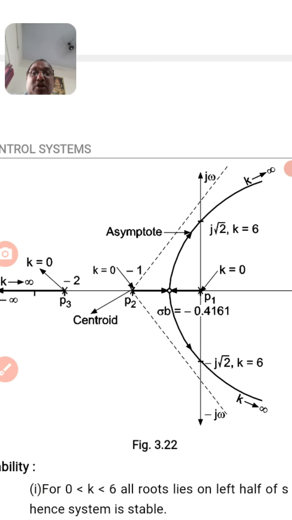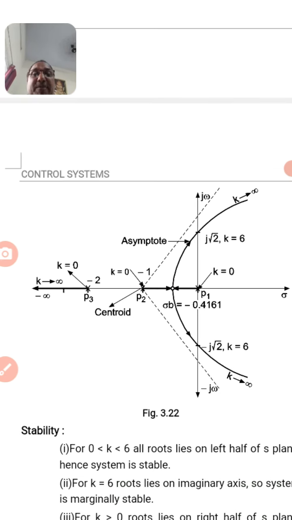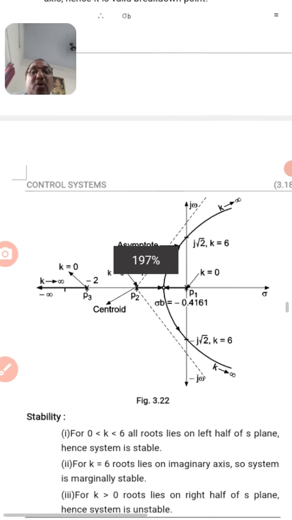These are asymptotes. This is the centroid at sigma is equal to -1, this is the breakaway point at -0.41, and j root 2 is the point where the asymptotes intersect with the imaginary axis, and this is the total complete root locus graph.